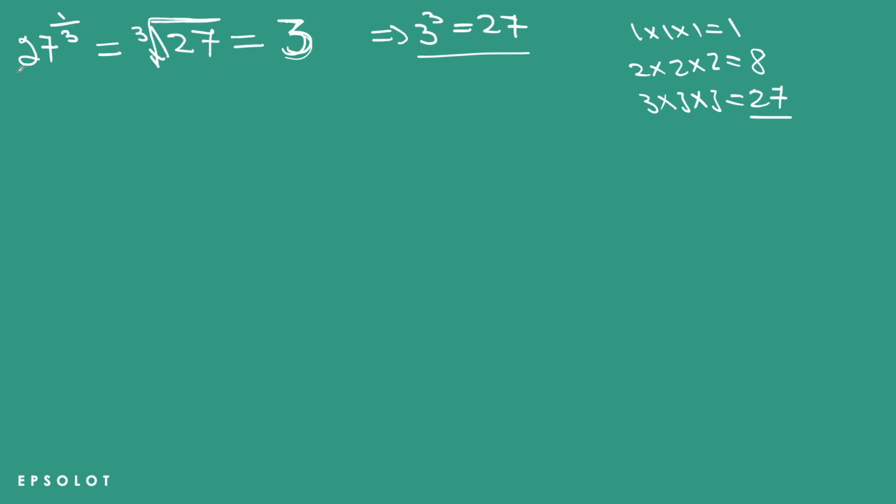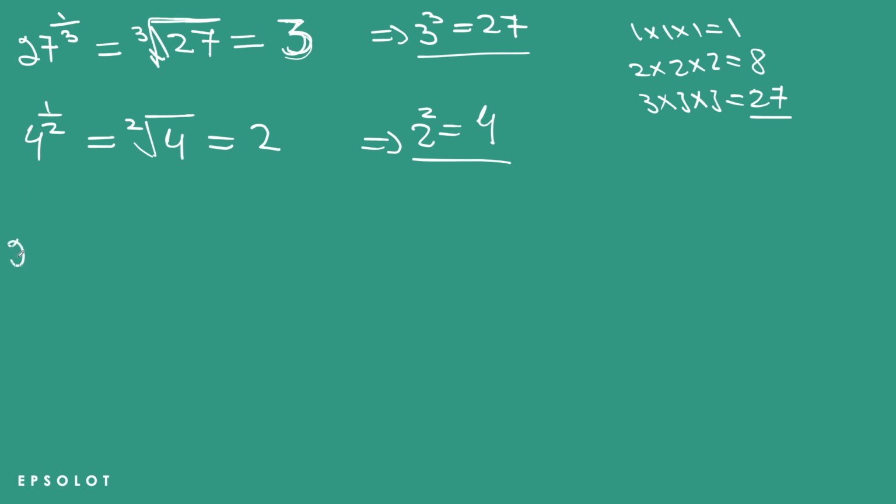Let's take another example: 4 to the power of a half. That would be the square root of 4. Now we need a number that, when multiplied by itself, gives me 4. We know that it is 2, because 2 squared is equal to 4. Let's take 256 to the power of a quarter.